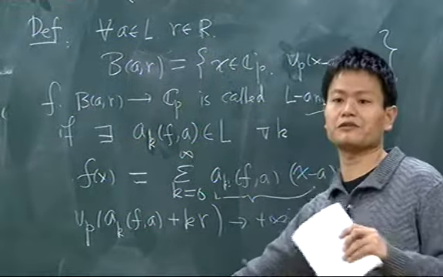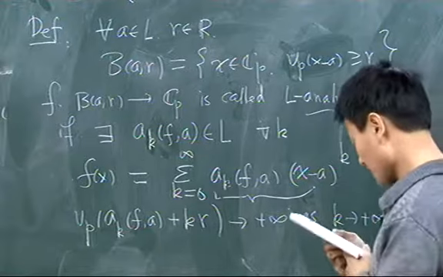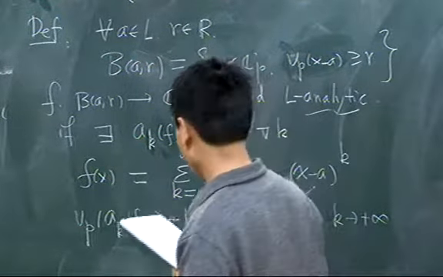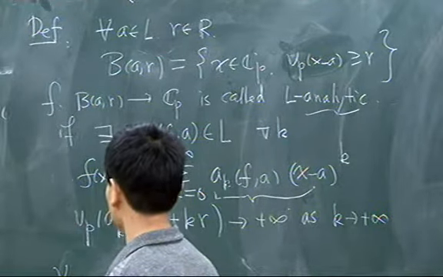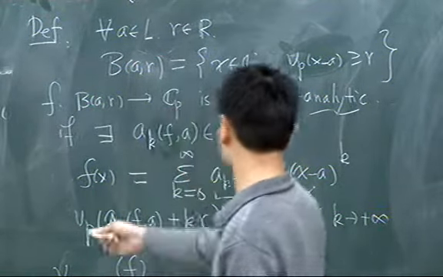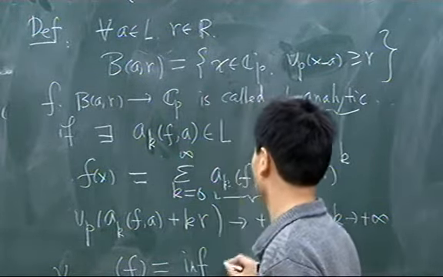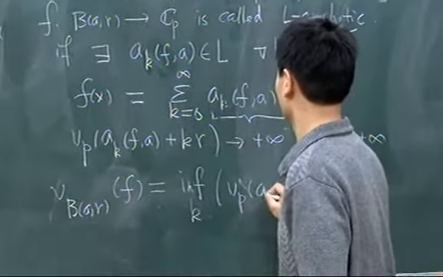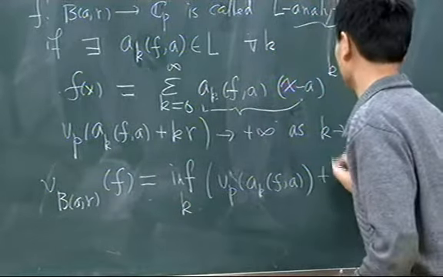So if you want to talk about analytic, you first talk about it in this ball, and then we can merge them together to get a big picture. So we get this v_{B(a,r)}, we just write it down like this. Because this goes to infinity, you can take the infimum of v_p(a_k(f)) + kr.